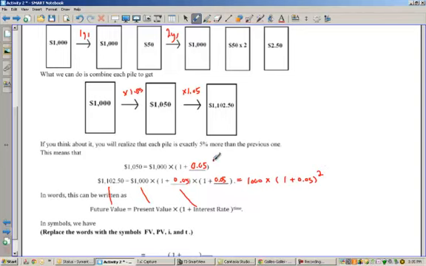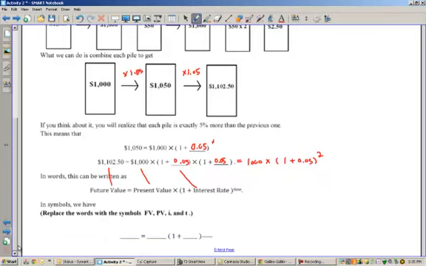Right, so there's actually a 1 here we normally don't write, and there's a square here, so it's raised to the time. And we can replace these words by the symbol. So this is FV, this is PV, and then this is an I, and then the time, of course, we use T, so raised to the T. And so there's the compound interest formula if you're compounding only once a year.